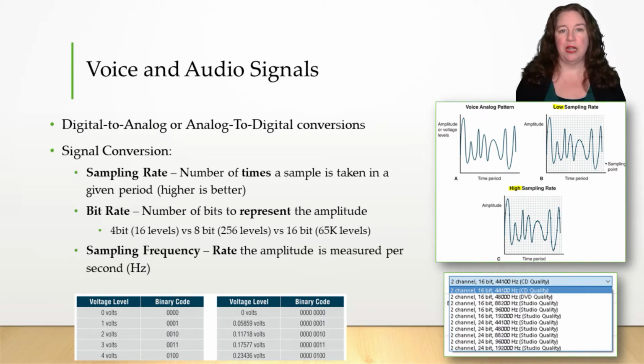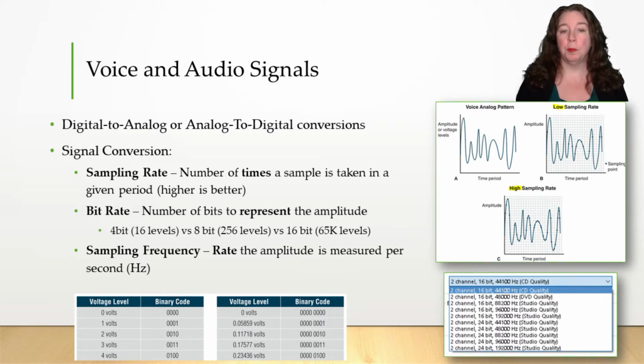So starting with 0, we'd have 0 volts, 1 would be 1 volt, 2 would be 2 volts, and we can only do them on increments of a single volt. But if we store them in 8 bits, we can actually have 256 levels for those 16 levels of voltages. So if we have voltage of 0.05 volts, we can represent that as 1 in binary code.